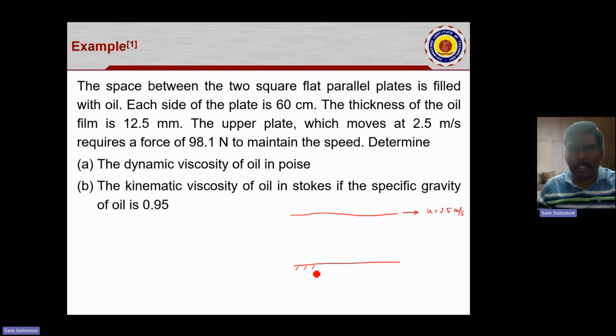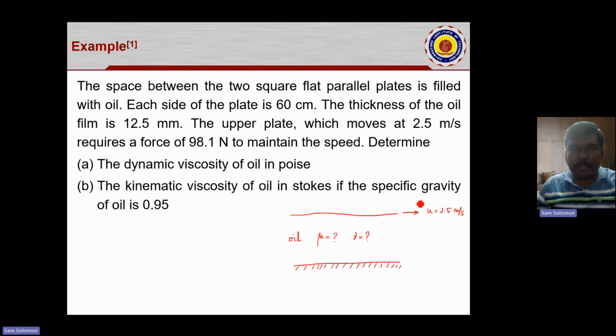The lower plate is fixed. Only the upper plate is moving. And they have said that this space is occupied by oil. And we are supposed to find out the value of the dynamic viscosity for this, as well as the kinematic viscosity of this particular oil.